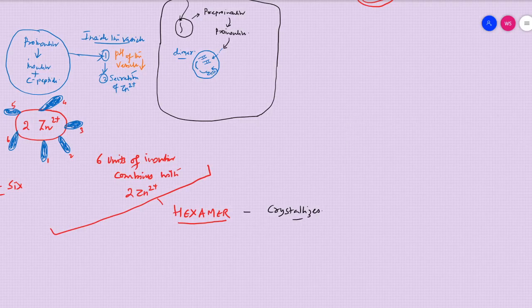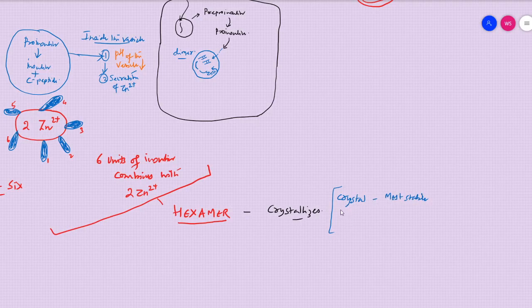So what is the advantage of crystallization? Why does it crystallize within the body? It crystallizes because a crystal is most stable, so stability is high.